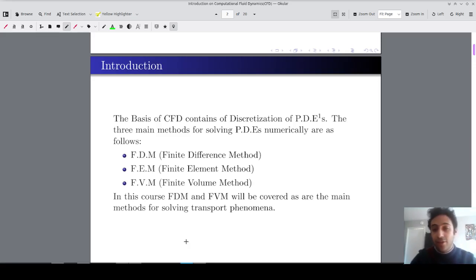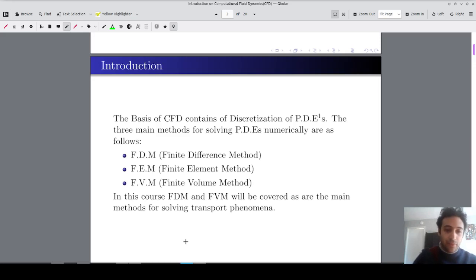Finding analytical solutions for these equations is very hard and nearly impossible. So to come up with a solution, we use computers and numerical methods to solve these PDEs.